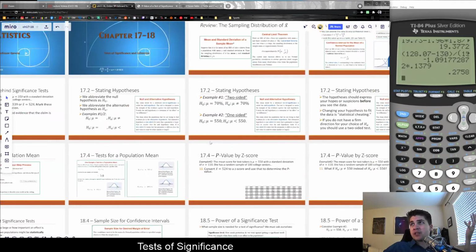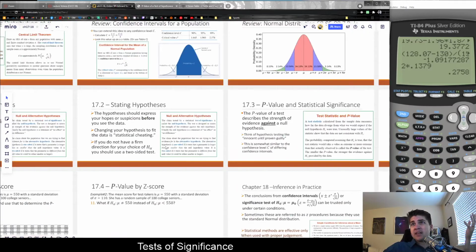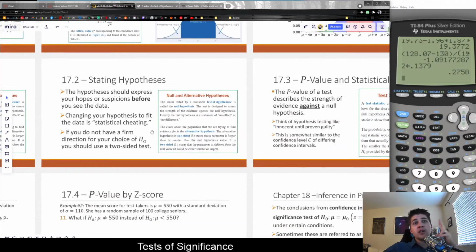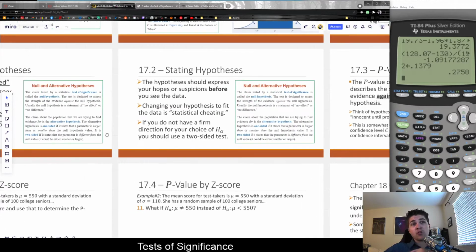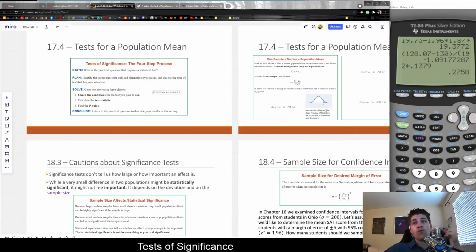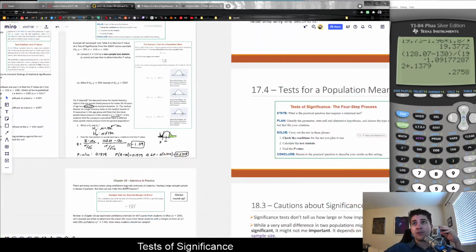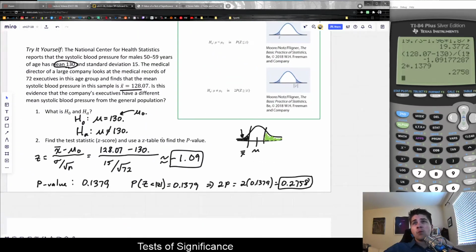Returning to the logic, there are always 2 conclusions we can make in a test. We're either going to reject the null or fail to reject the null. We never confirm the answer, but here we'd expect that there is not a significant difference because we have such a high p-value. But remember, it all comes down to our significance level, alpha.